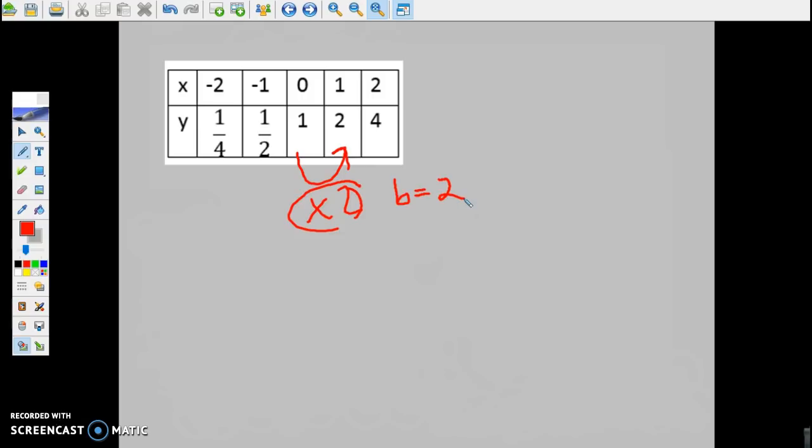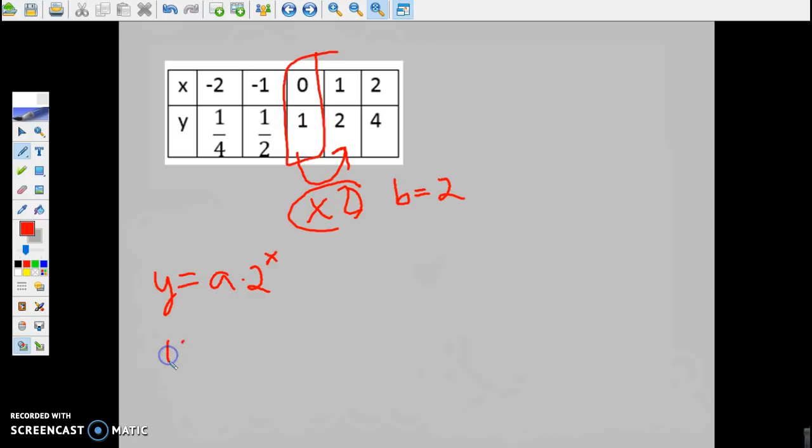My a value we have to solve for. So we're going to do y equals a times b, but we know b is 2. So we're going to write 2 in for b to the x power. So now we're going to substitute when x is 0, what is y? So y is 1.